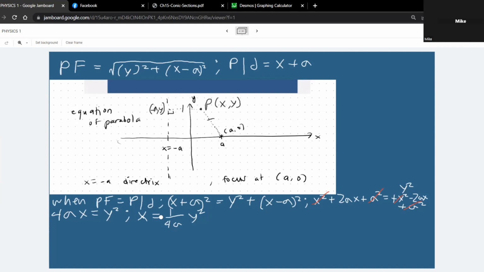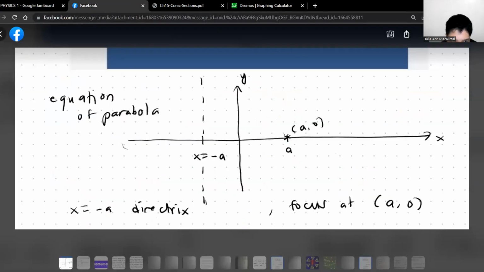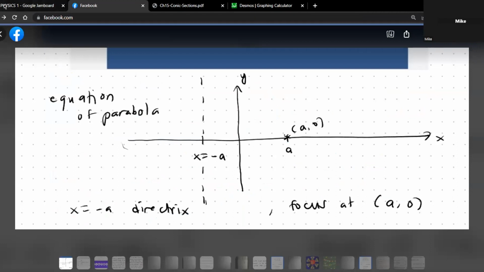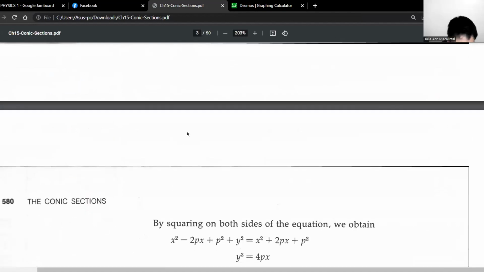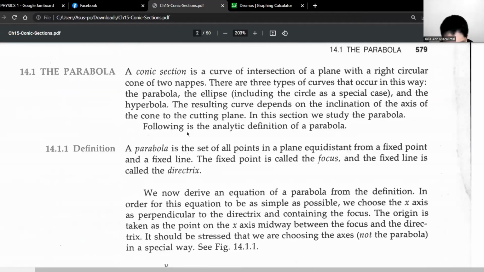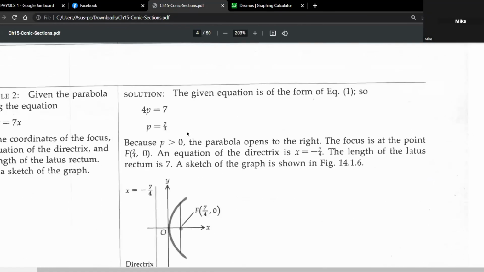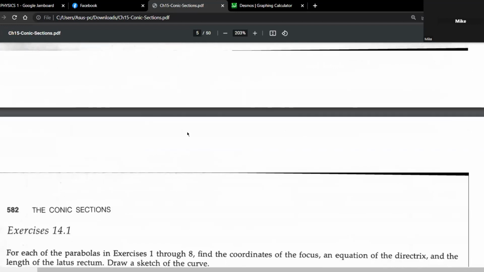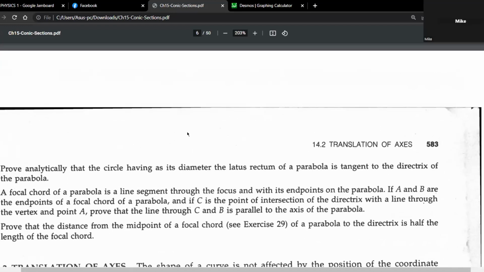Let's now look at an ellipse. Clear. RIP nostalgic. Mawawala. Conic section, parabola. Parang may naputol. Hanapin ko lang yung definition ng ellipse. Hala, nawawala.